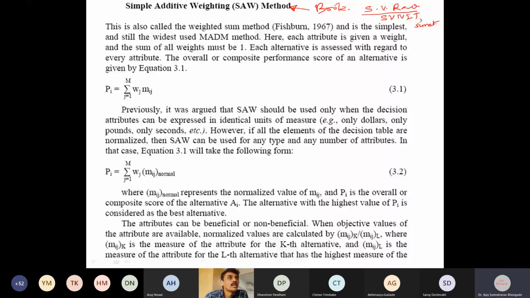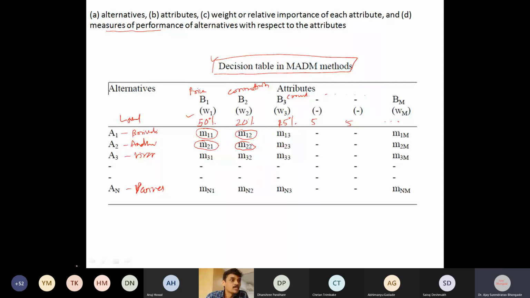This is what they have given: the overall composite performance score of an alternative will be determined using this formula, Wj into Mij. Mij I already told you.